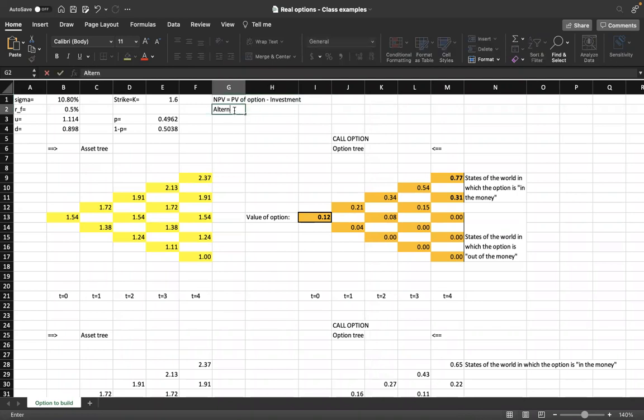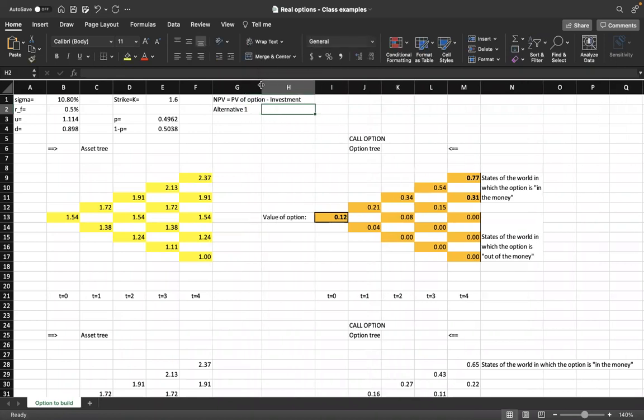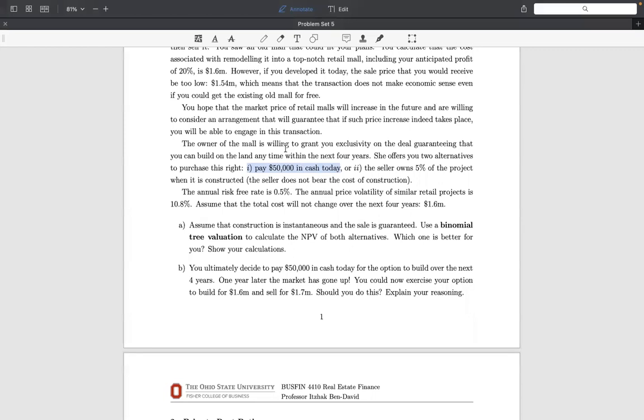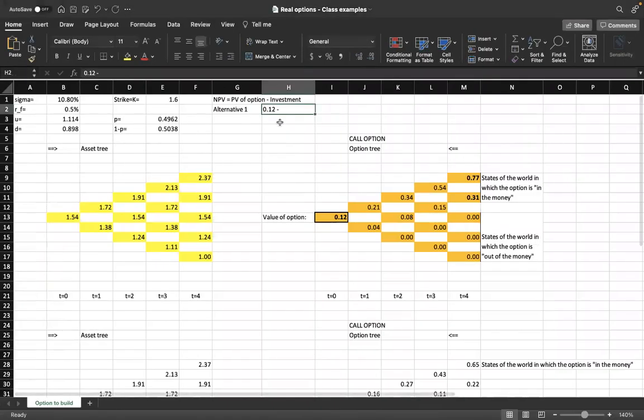In alternative one, the PV of the option is 0.12 million, minus 50,000 in cash, which is 0.05 million, right? So the alternative one NPV is 0.07 million.